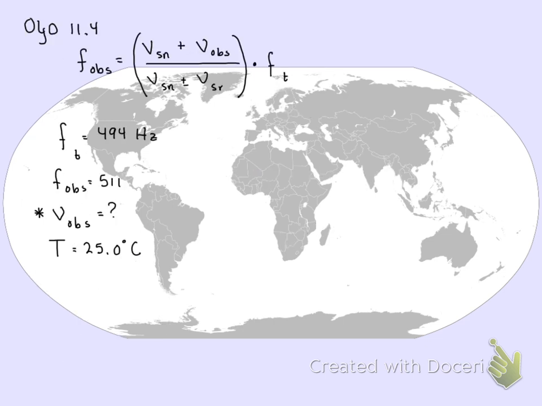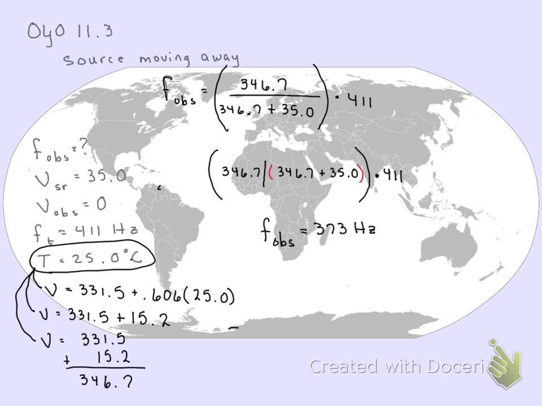So the temperature in the On Your Own 11.4 is the same as the temperature in the On Your Own 11.3, okay? So we fill in, let me change colors here. We fill in the temperature right there. And when we do the multiplication, we abide by the rules of multiplication as far as significant digits. 3 in 0.606, 3 in 25.0.